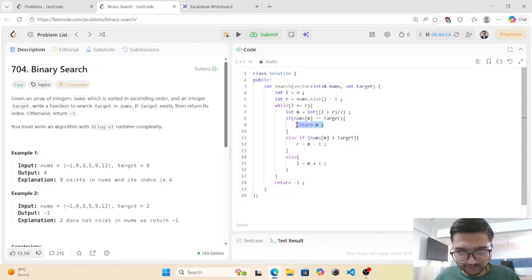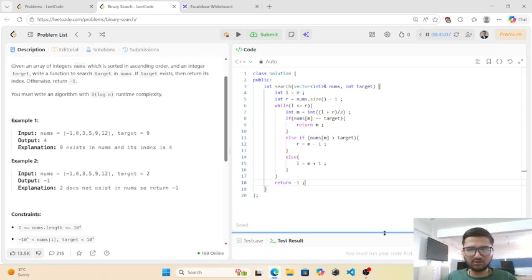we return m if the value exists, otherwise we return minus 1, which means this value does not exist. So first of all, we have checked whether all our examples are true or not.